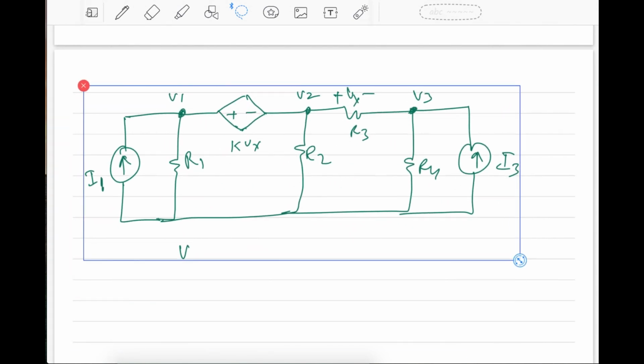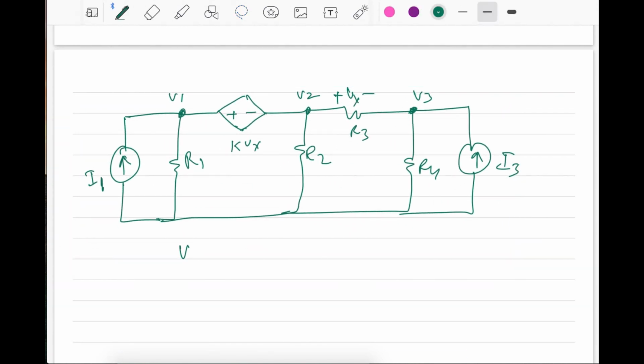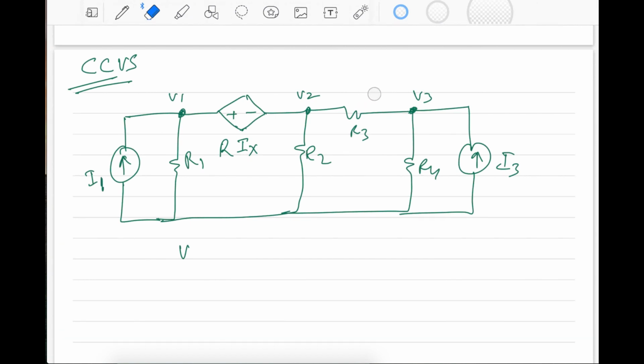So this is now a circuit with current controlled voltage sources. So instead of KVX, now we will have RIX, and this will not be there, and the IX will be this. So this is basically another circuit where, instead of a voltage controlled voltage source, now it's a current controlled voltage source.